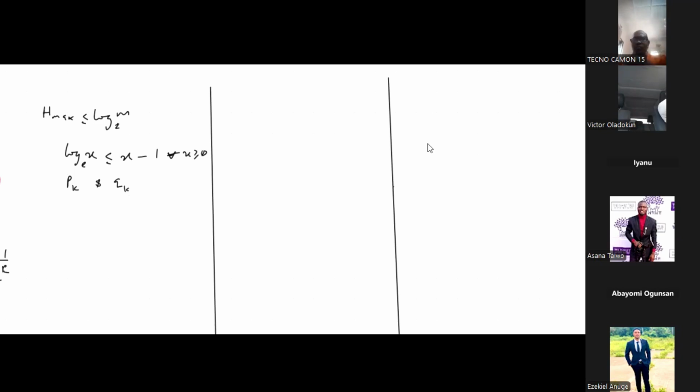Then we can now represent the sum of these distributions, okay? And we are going to come to relative entropy in our discussion today, not differential entropy. We'll come to differential much later, not now.